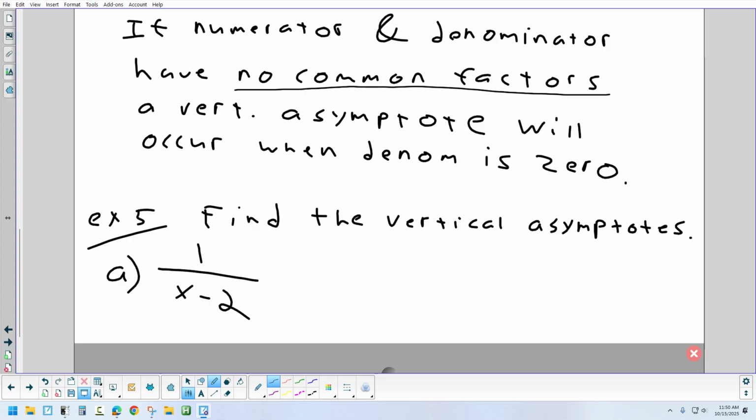There's no holes in this graph. What would make the denominator 0? Yep. 2. And then how would you write the equation for the asymptote? Yep. X equals 2. So this one has a vertical asymptote at 2.